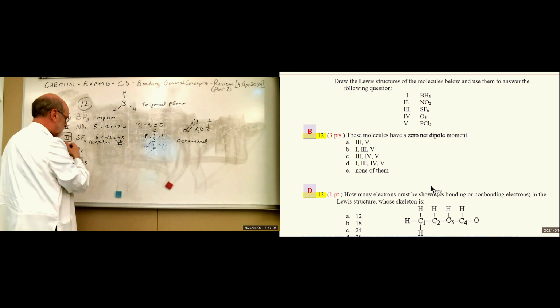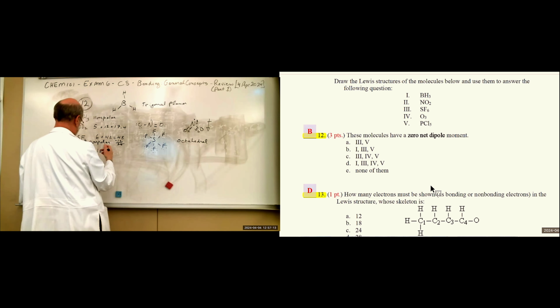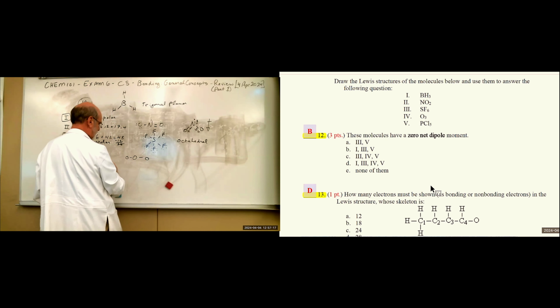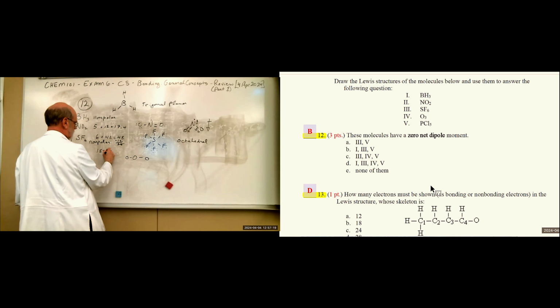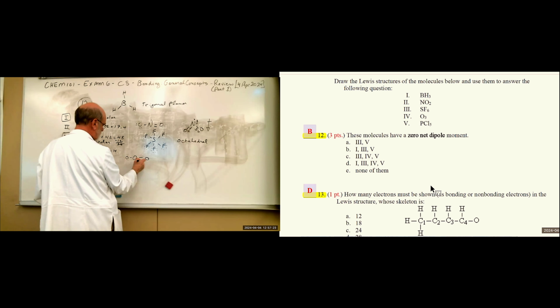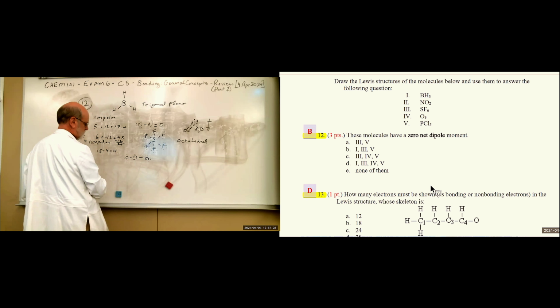How about ozone? Let's see, 3 times 6 is 18. So we don't have to worry about which one's in the center, right? Just take your pick. 2, 4 equals 14. 2, 4, 6, 8, 10, 12, 14.